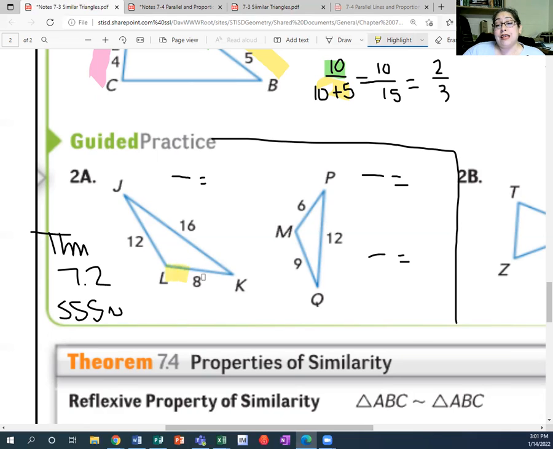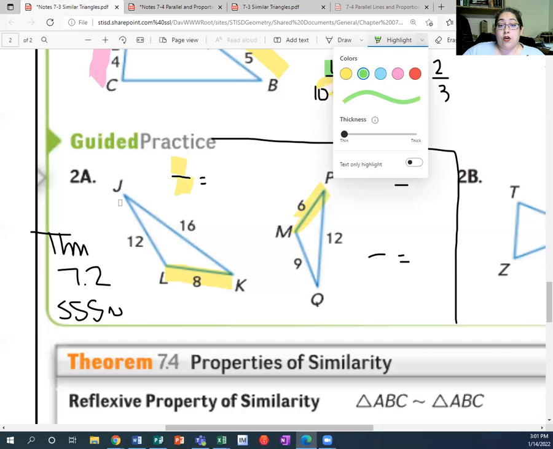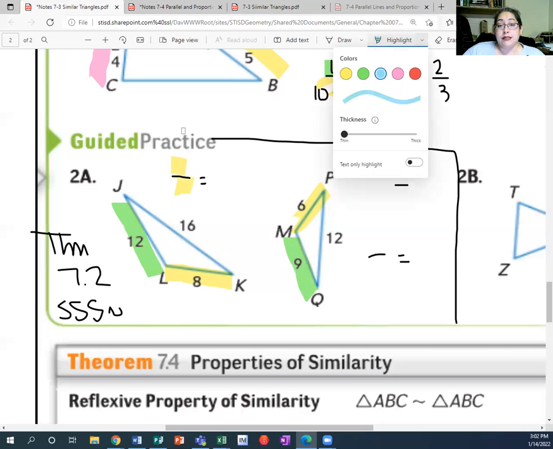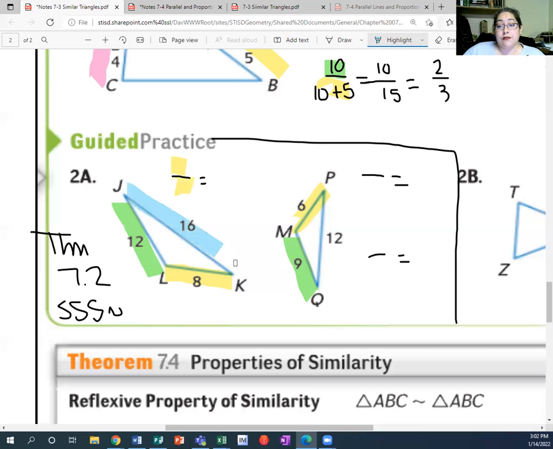The shortest side of one triangle is going to correspond to the shortest side of the other triangle, and I'm going to do that across all three sides. The 12 is the medium side length on the one on the left, and 9 is the middle on the one on the right. And 16 is the biggest side for this triangle, and 12 is the biggest side for this triangle.